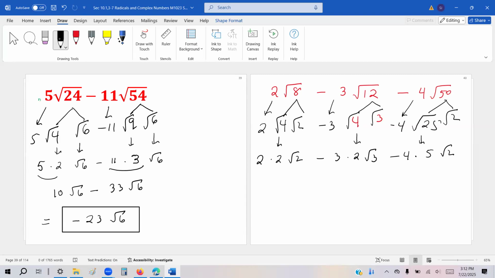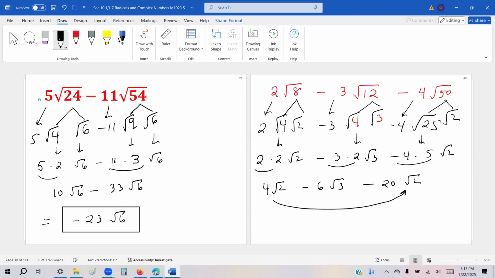So we do the same thing, we keep reducing, and now we know that we have to do the multiplication first. So 4 square root of 2, 6 square root of 3, 20 square root of 2. Now, is there anything that has the same inside with the same radical?